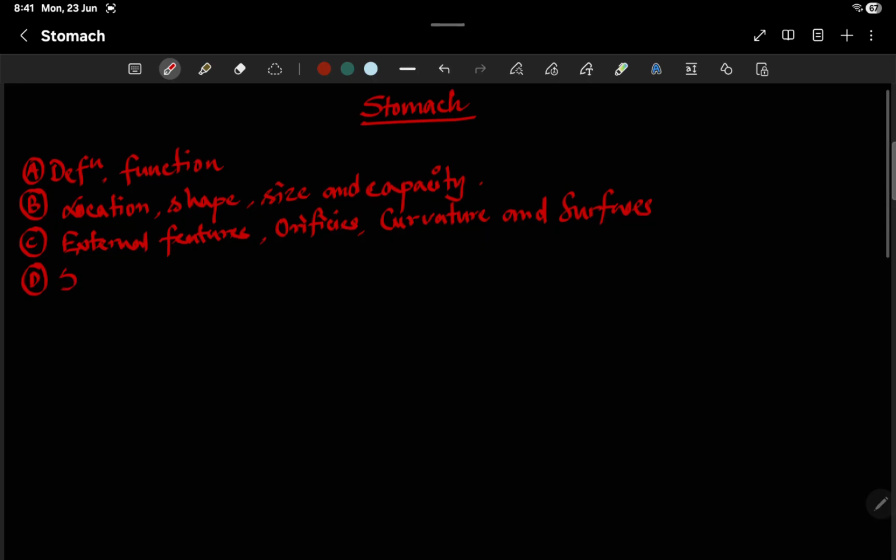Next will be subdivision, cardiac orifice, and pyloric orifice.